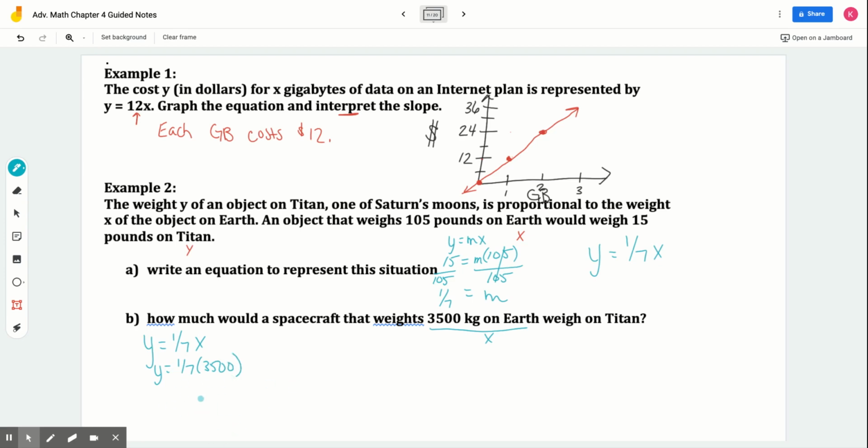Go ahead and try to solve this now. As you've done that, 1 times 3,500 is 3,500. 7 times 1 is 7. We know that 3,500 is evenly divisible by 7 to give us 500. So the weight on Titan would be 500 kilograms.